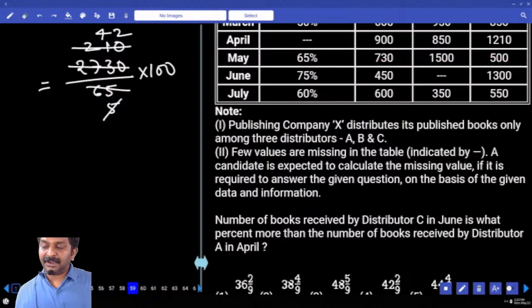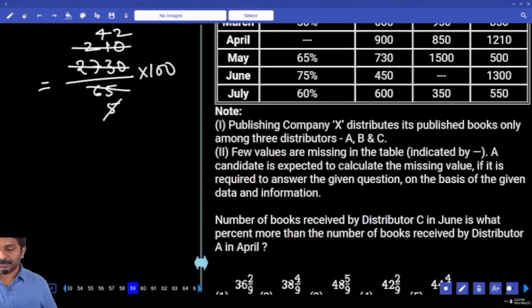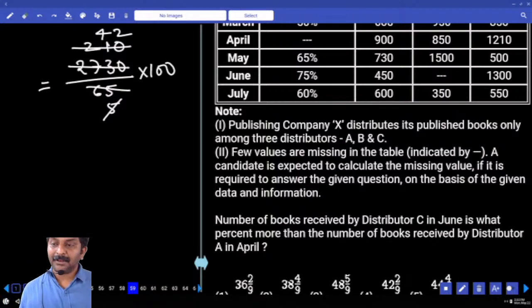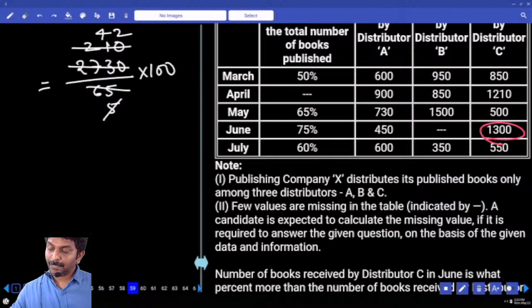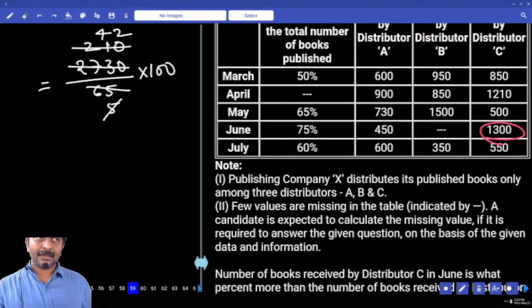Number of books received by distributor C in June is what percent more than the number of books received by distributor A in April? C in June must be compared with respect to A in April.